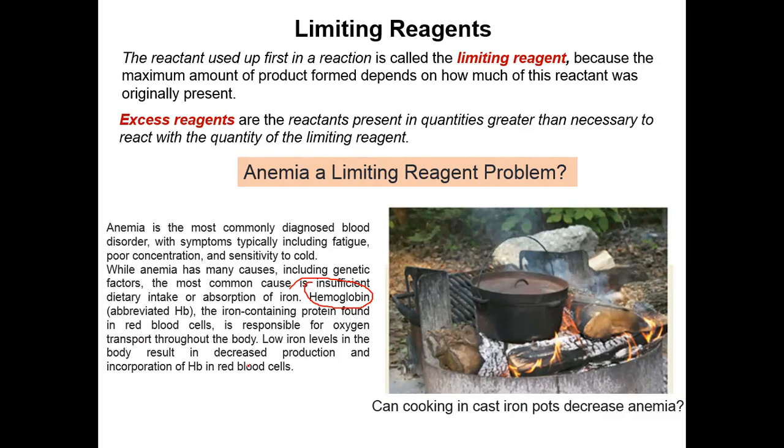By the way, there was a study of two groups of people who both had anemia. One group was given food cooked in pots made of iron, but the other was given food made in an aluminum pot. They found that for the first group the anemia was gone at some point, because during cooking some iron goes into the food.